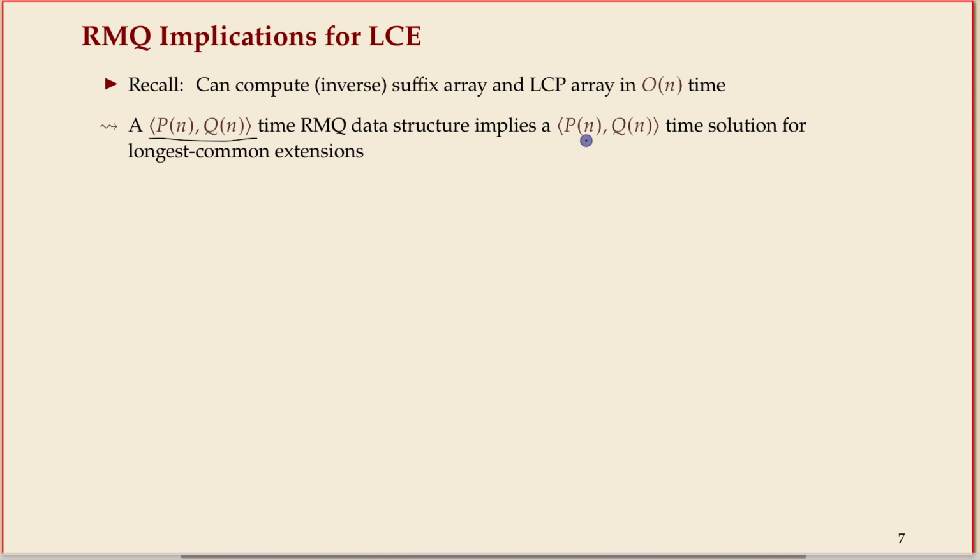And we use the same pre-processing time plus, I guess there should be a plus order n, because we need the time to compute the suffix array and the inverse suffix array. But the query time stays the same.